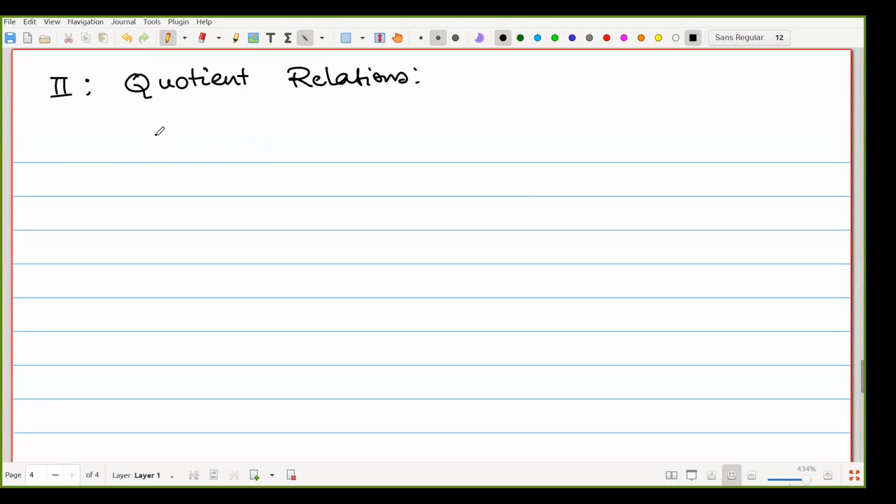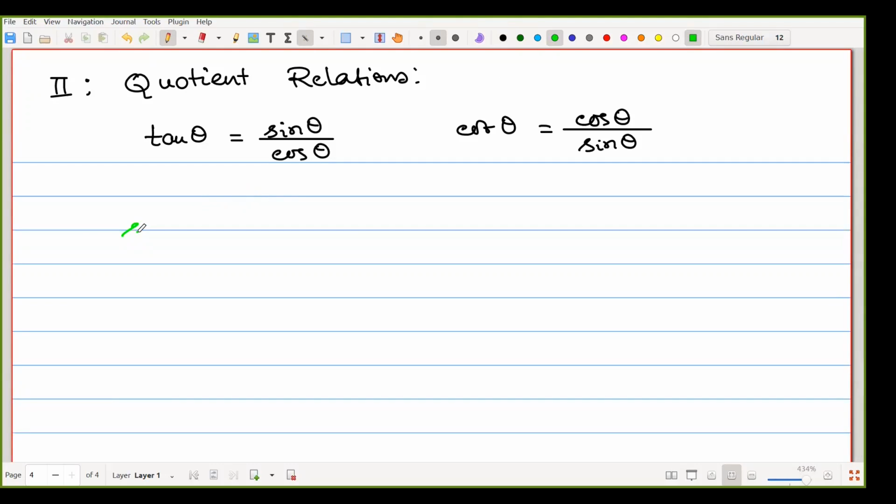Quotient relations means we have tan theta is equal to sine theta divided by cos theta, and cot theta is equal to cos theta divided by sine theta. Suppose we are writing the sine theta here. Sine theta means we know P by H, that means perpendicular divided by hypotenuse.